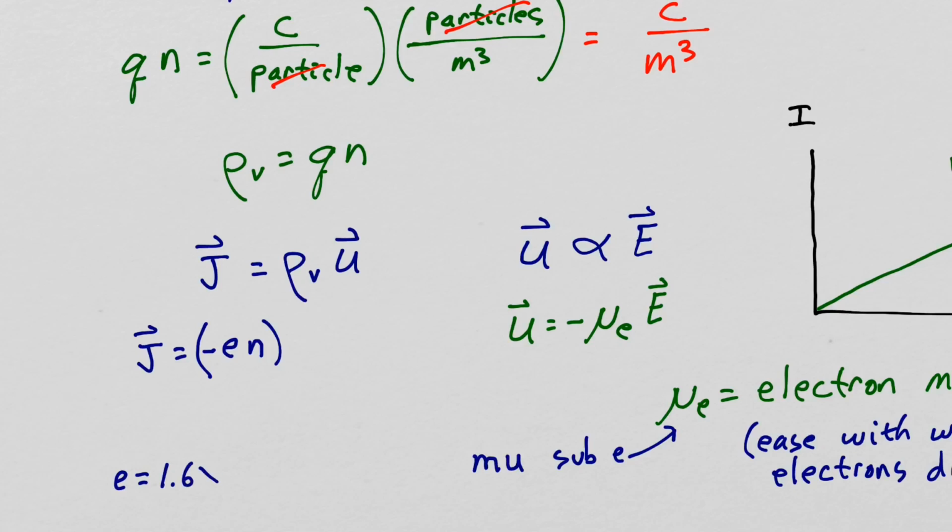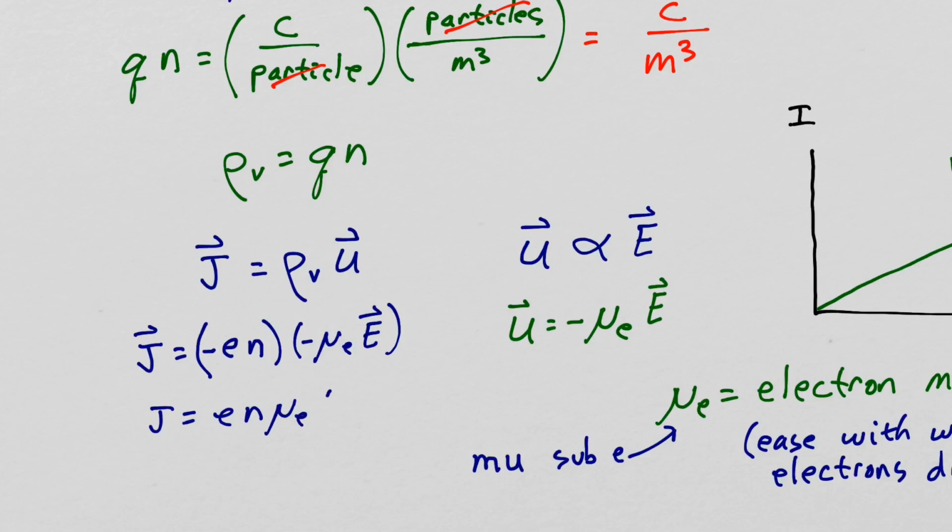And for the velocity, we will substitute in minus the electron mobility times the electric field intensity. So our current density is going to be e n mu sub E times the electric field intensity.